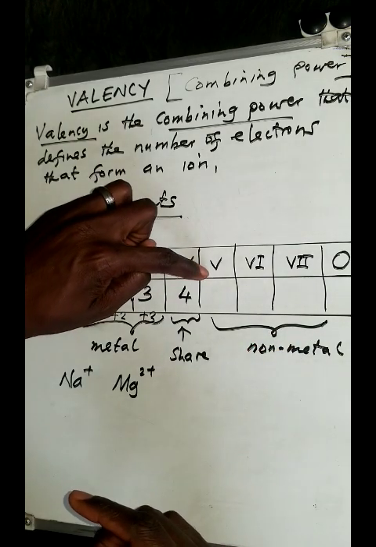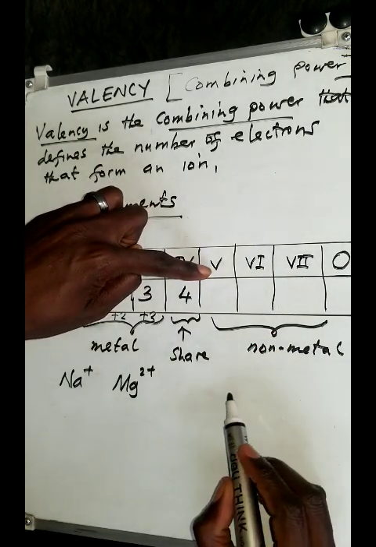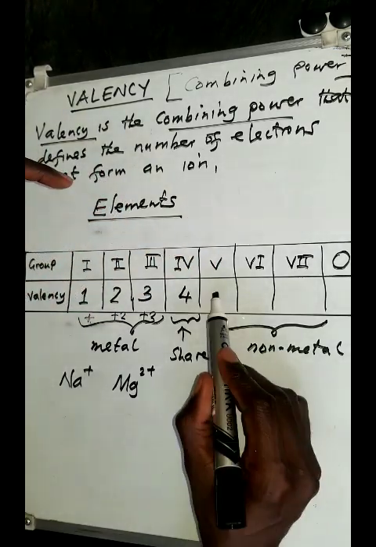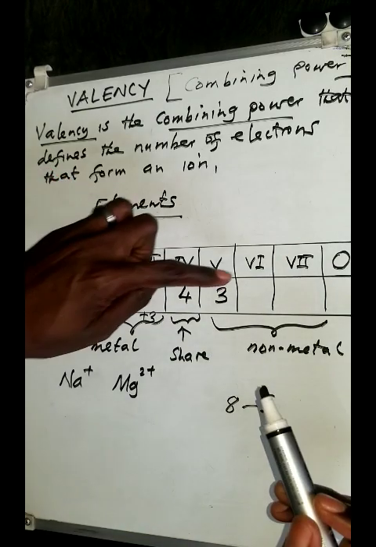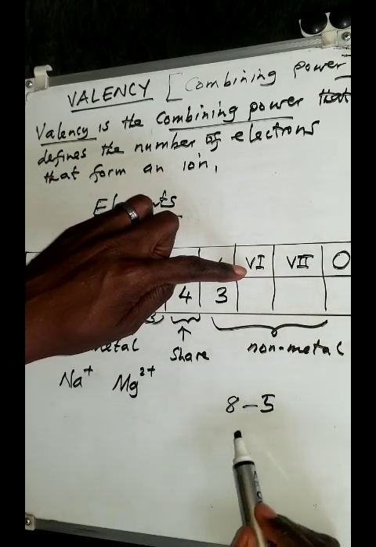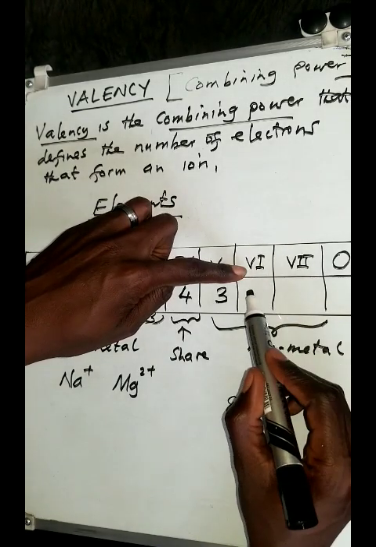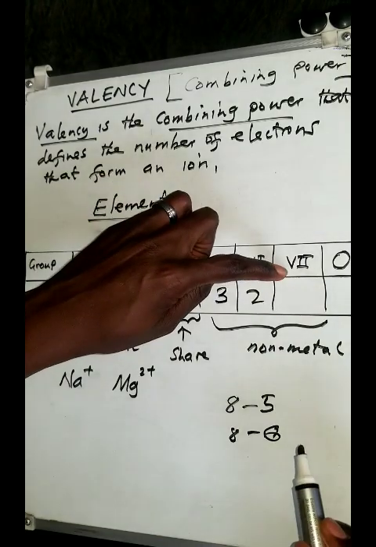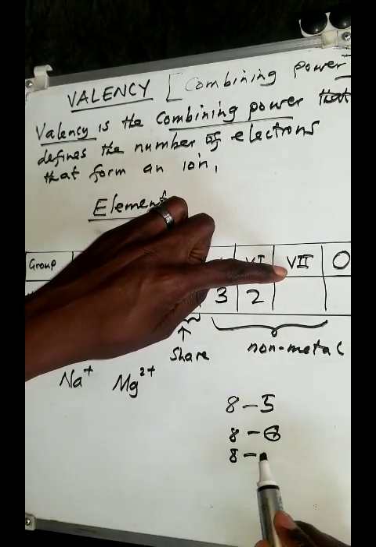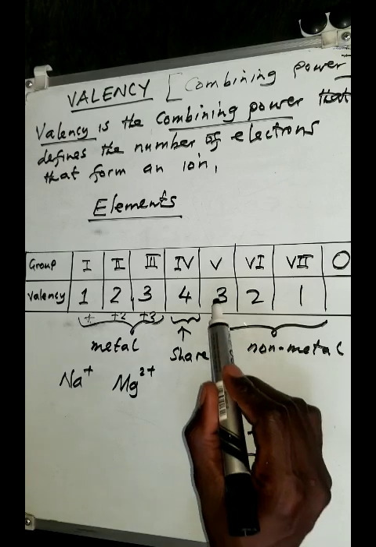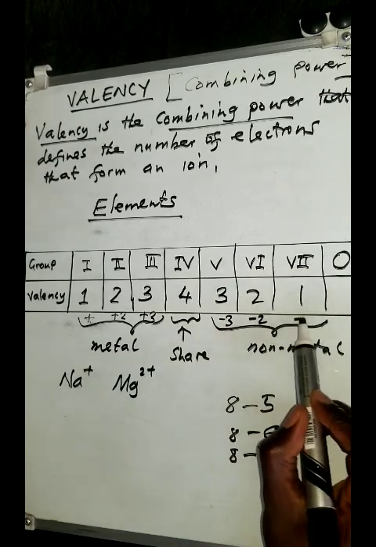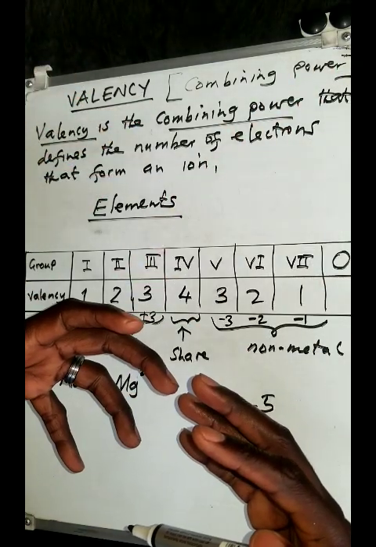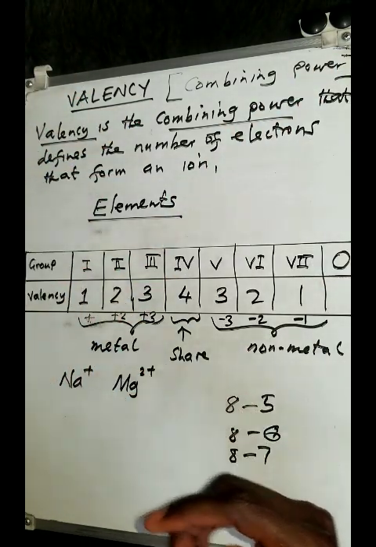For example, for those in group 5, you say 8 minus 5, which gives you 3. Those in group 6 have a valence of 2. Those in group 7 have 8 minus 7, which is 1. But remember, these carry negative charges. That negative simply tells you they gain electrons. That's the whole idea you need to remember.